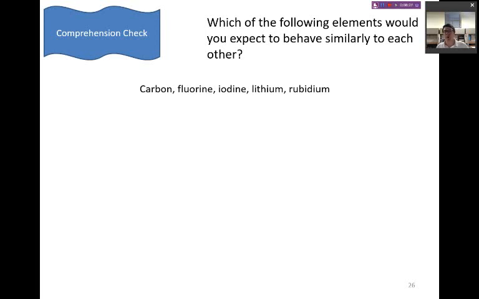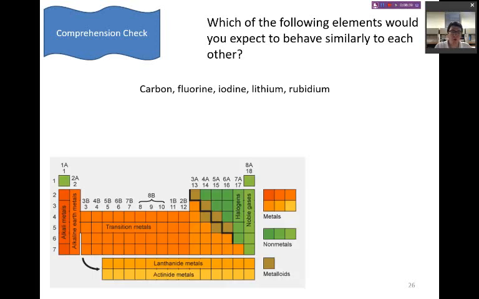Last question. Pause this and try this on your own. Welcome back. So we want to know which of the following elements would we expect to behave similarly to each other. Remember, when we look at the periodic table, they're organized into families, which are the columns, and they're organized into periods, which are the rows.